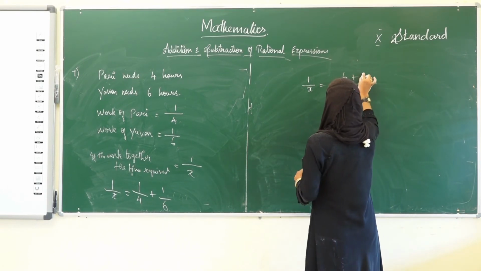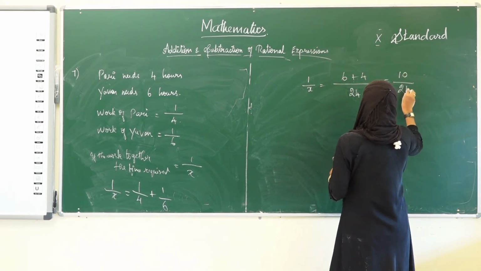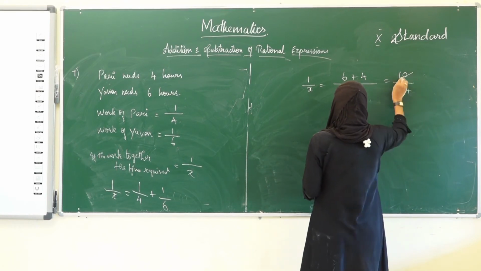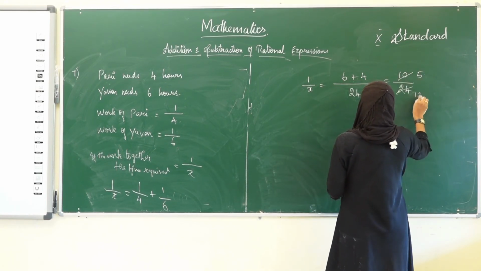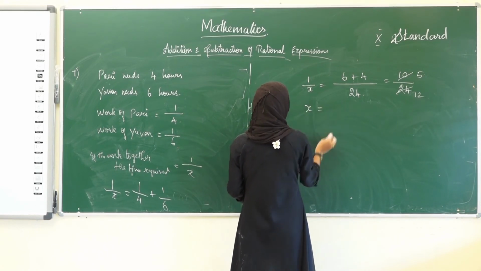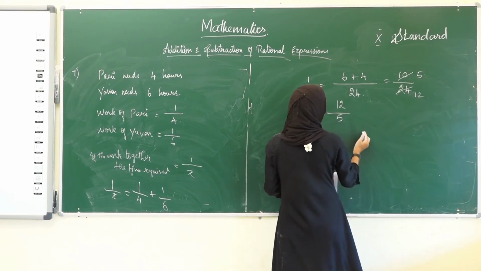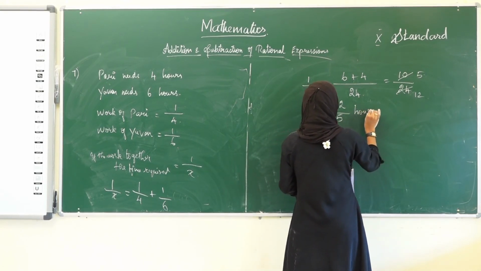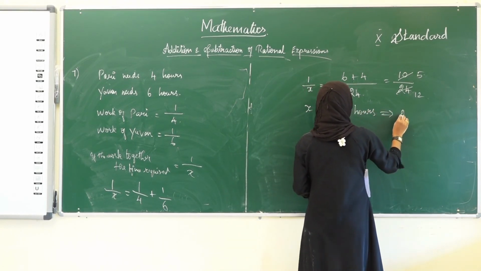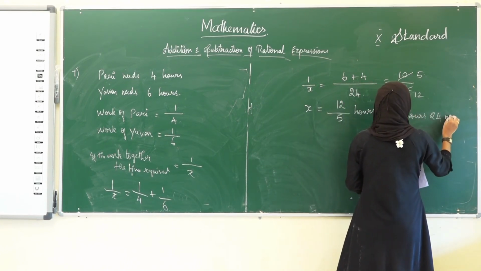See, the numerator changes like this: 6 plus 4 is 10 divided by 24, which is 5 by 12. See, 1 by x is equal to 5 by 12. Therefore, x is equal to 12 divided by 5, that is 12 by 5 hours. When we change this, it can be changed into 2 hours and 24 minutes.